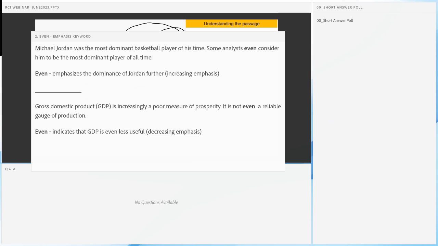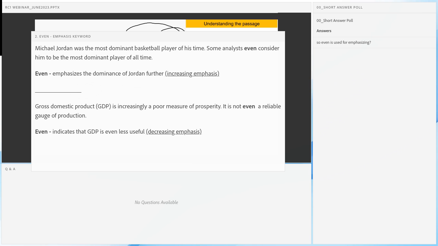It can also go in a negative way. GDP is increasingly a poor measure of prosperity. It is not even a reliable gauge of production. It's so bad you can't even consider it to be a reliable gauge. So it's going in the negative direction.